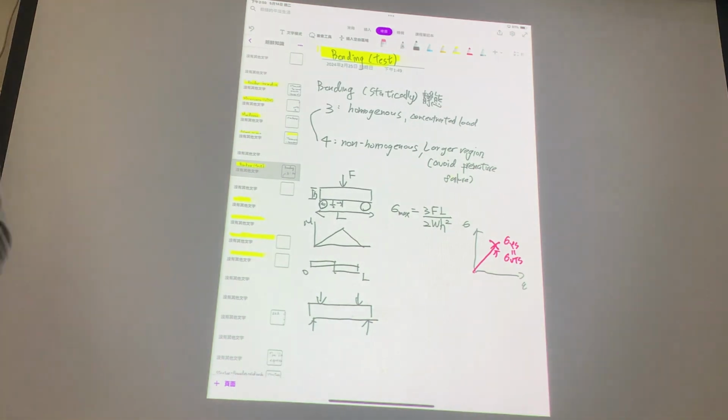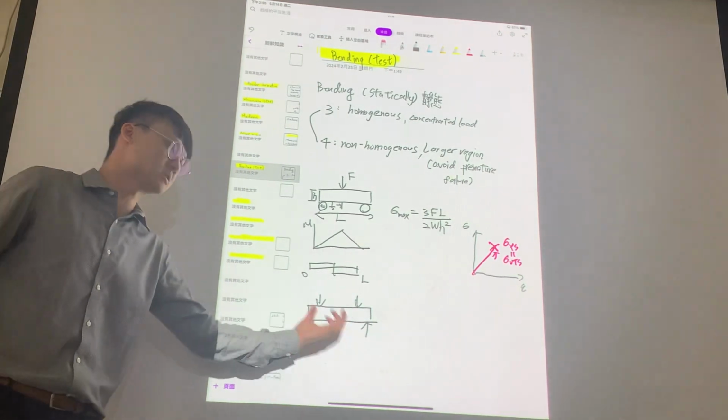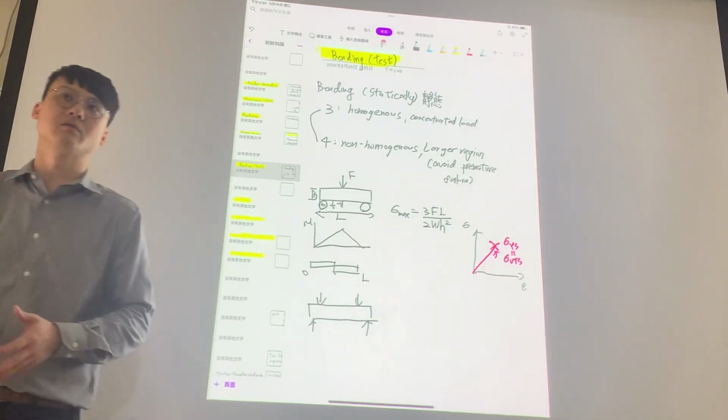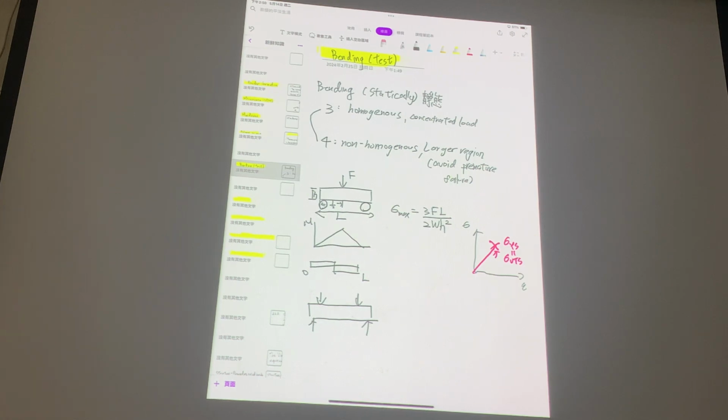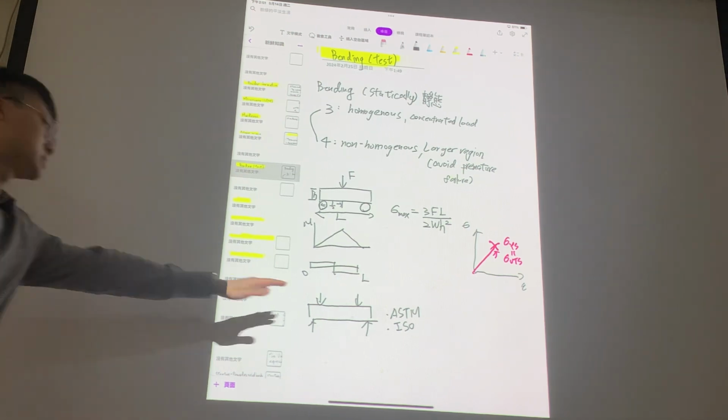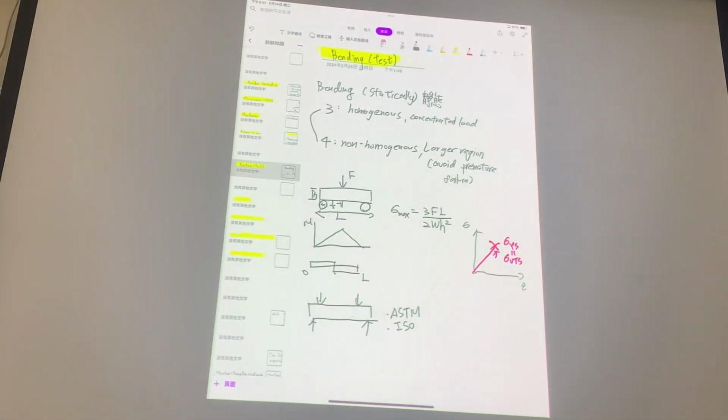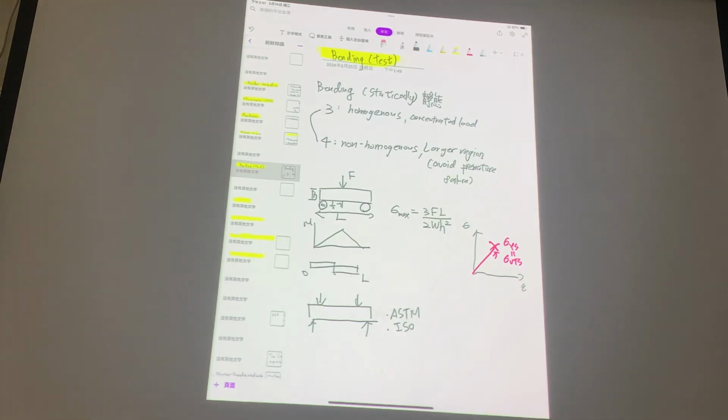For these supports and the applied force, these dimensions are specifically regulated by either the ASTM or ISO standards. So remember these are heavily regulated. I don't know the numbers, ASTM or ISO. These dimensions and their precision all have detailed specifications, it's not something you adjust however you like. So this is half of the force, half, okay?